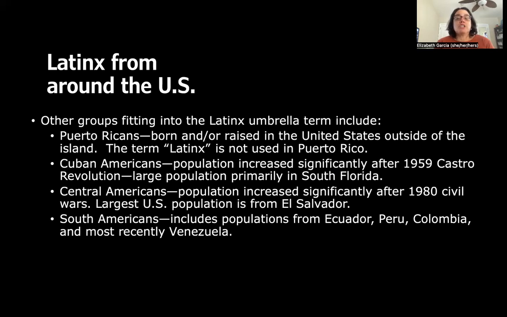The large population is primarily in South Florida. There are also Central Americans, a population that has increased significantly after 1980 civil wars in that region. The largest population from Central America in the United States is from El Salvador. We have also had quite a number of people coming in more recent years from different South American countries, including from Ecuador, Peru, Colombia, and most recently Venezuela.